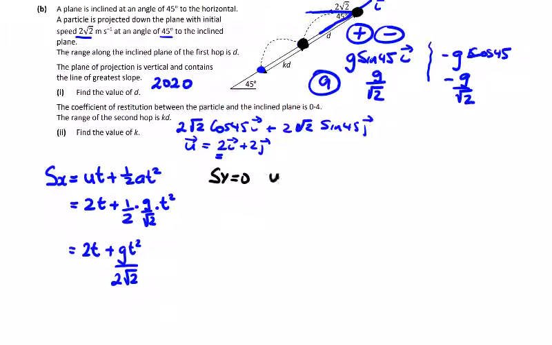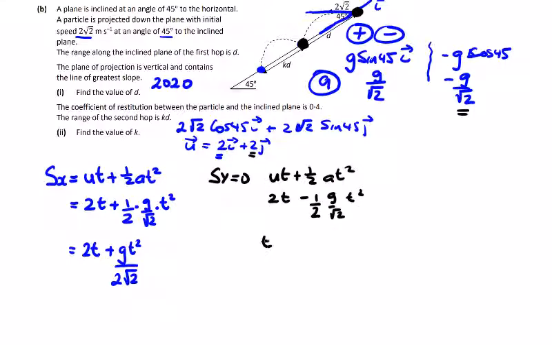Displacement in the y direction is ut plus a half at squared. So my u again 2. So 2t, my a is going to be minus, so minus 1/2 by g over √2 by t squared.